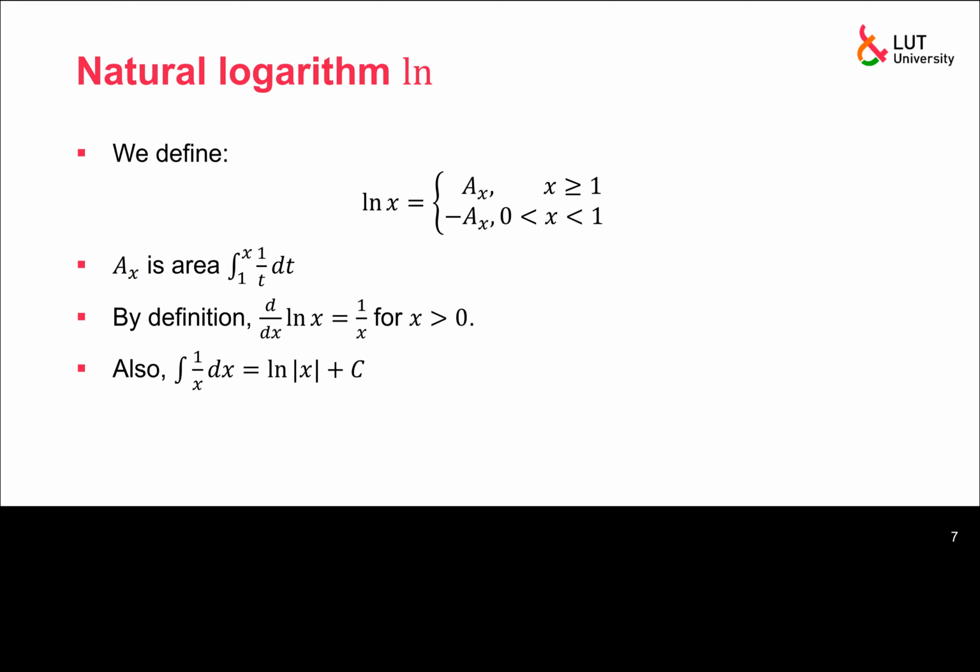And similarly, if we have the integral of 1 over x, this is the reason why we get natural logarithms out of it, again by the definition of natural logarithm. But for logarithms, x must not be negative, so we take the absolute value of x.